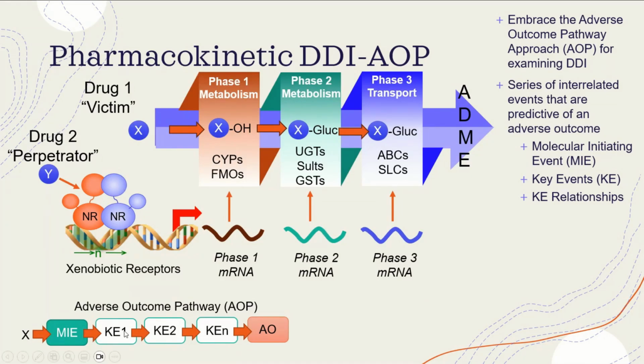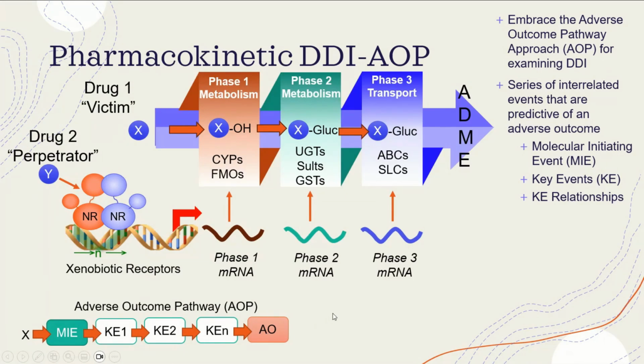An adverse outcome pathway is shown down here, where we basically put in enough scientific effort where we know the steps that go into an adverse outcome. So we know that there is a certain series of steps that occur. We know the order that they occur in, and we know which steps are essential between the chemical and the adverse event.